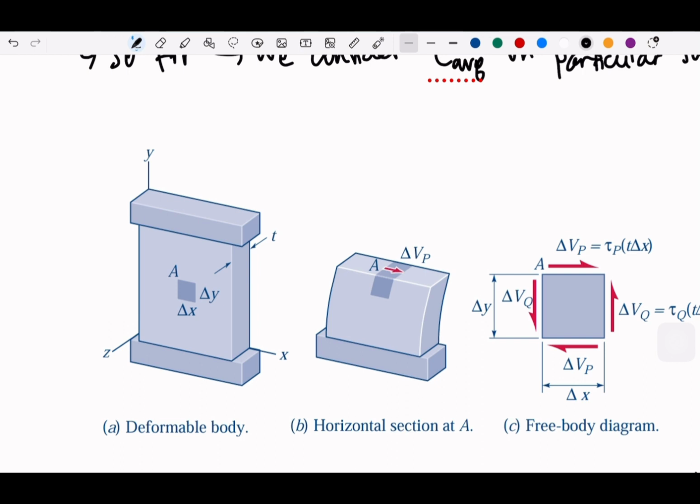So let's say we push here, and if we see the internal schematics from this A, we're going to see that it's moving all the volume. So all the volume will be moving.